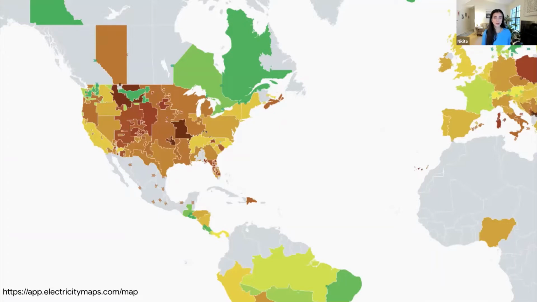So our partner, Electricity Map, provides a free dashboard that enables you to see where your electricity actually comes from based on your location on an hourly basis across over 50 countries. You can see a screenshot here from their actual app, which I've linked down at the bottom, and I highly recommend you go and check it out. You can go and see for your location what that electricity mix actually looks like at that particular time.